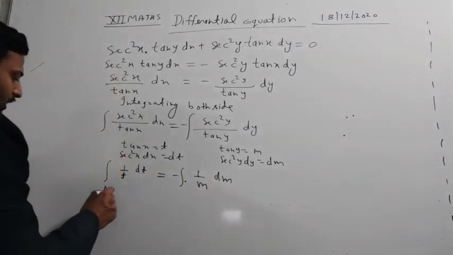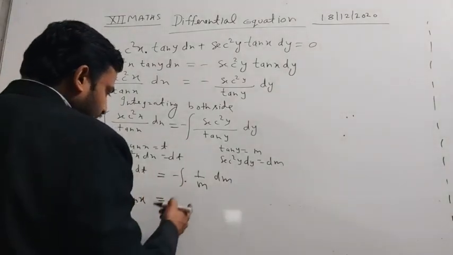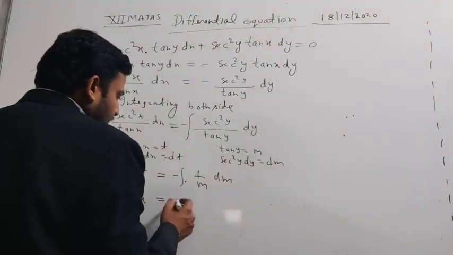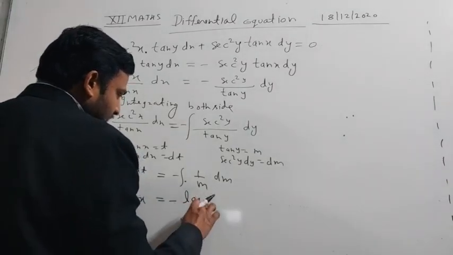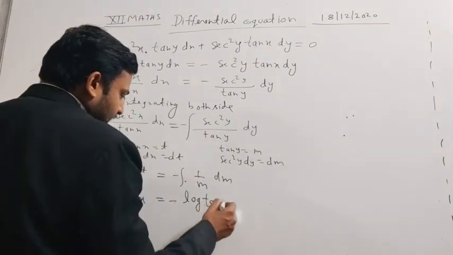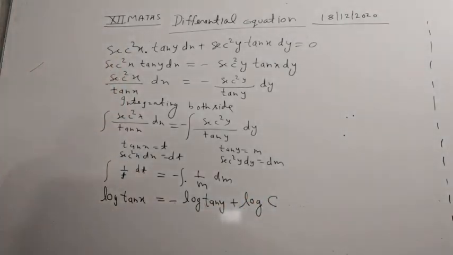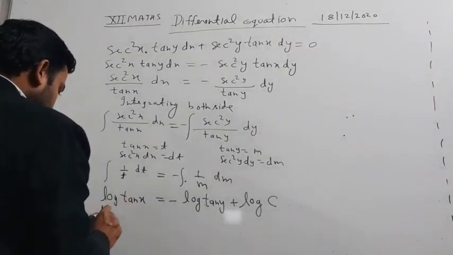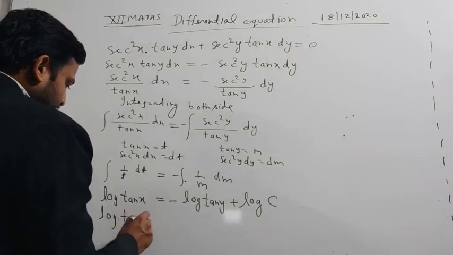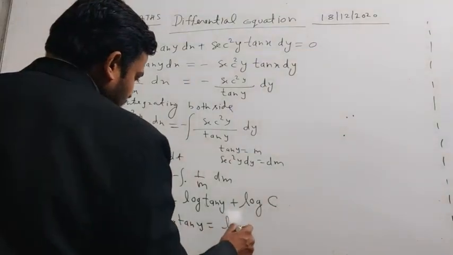So it will be log of t, so log of tan x, minus log of m, which is tan y, is equal to log of c, we can write. Okay, now taking it to the left hand side, log tan x plus log tan y is log of c.